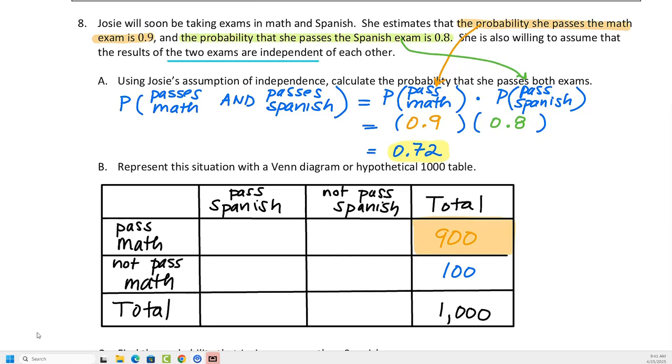The probability that Josie passes Spanish, well, that's going to be this total here, and that was 0.8. So 0.8 of 1000 is 800, which right away allows me to put 200 here because it has to add to 1000.